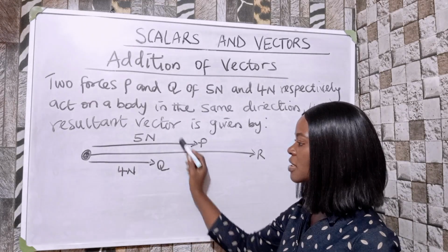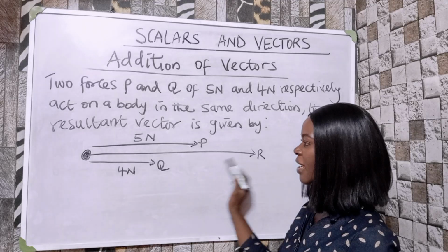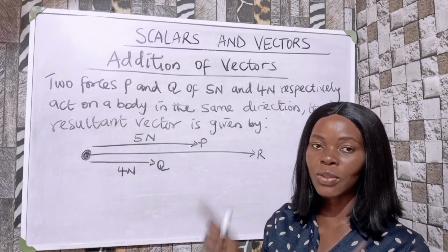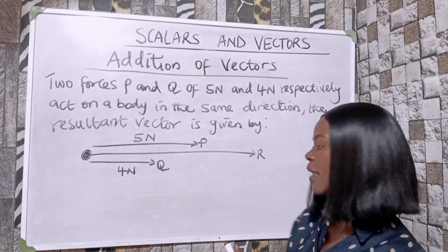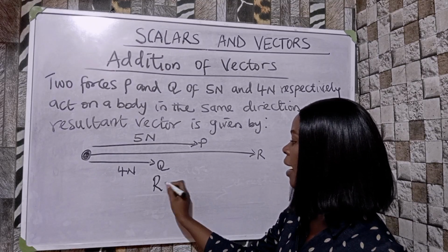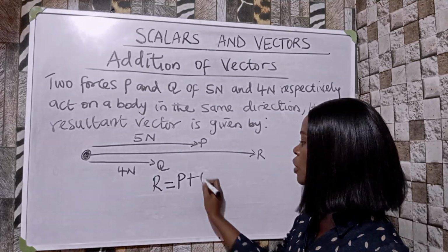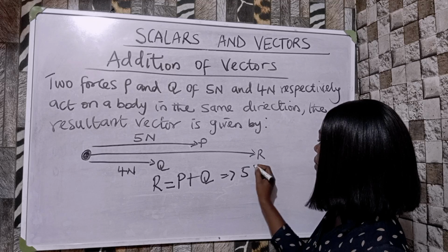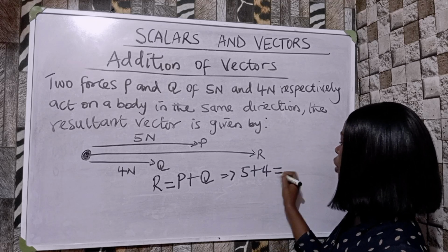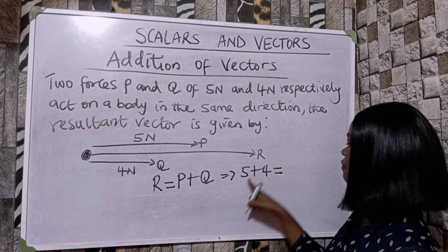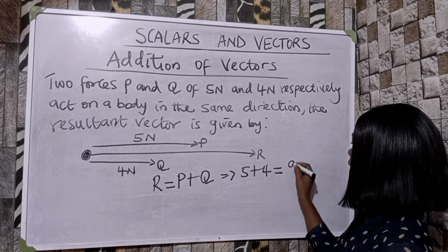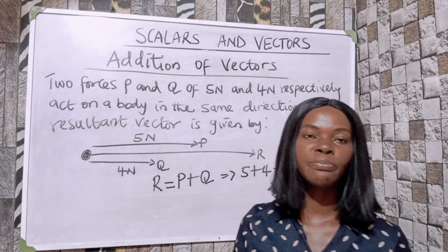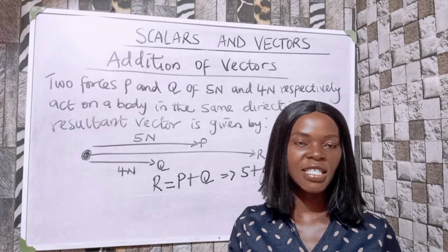We want to see how we can get the resultant vector. Because they are going towards the same direction, we add the two forces together: the resultant vector R is equal to P plus Q, which is 5 plus 4, giving 9 Newton. Why do I get 9 Newton? Because both forces are acting in the same direction.